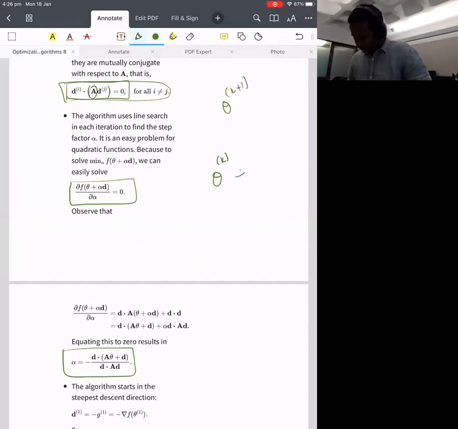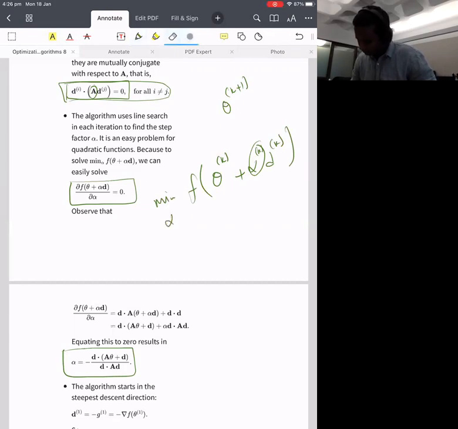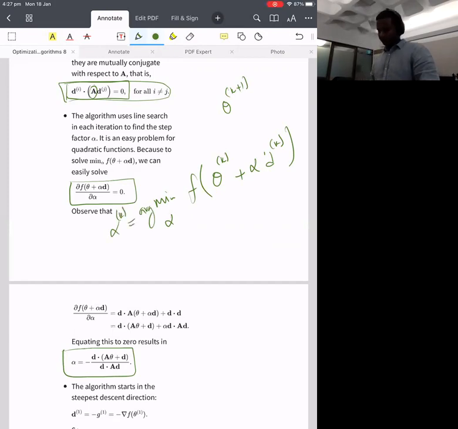You have theta k, alpha k is something you want to learn now, and dk is already given to you. Then how do you find this? You just minimize over alpha and find that alpha k that minimizes it. And once we have it, we know theta k plus 1.